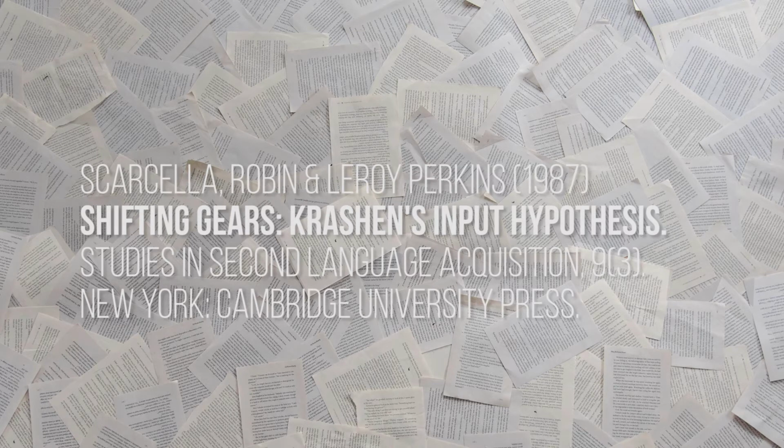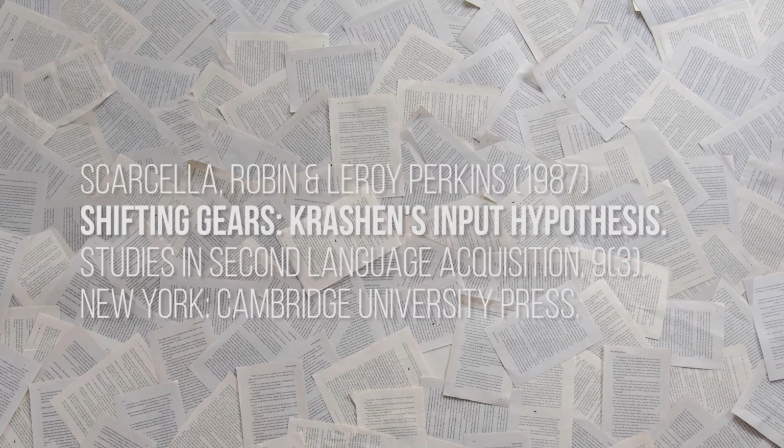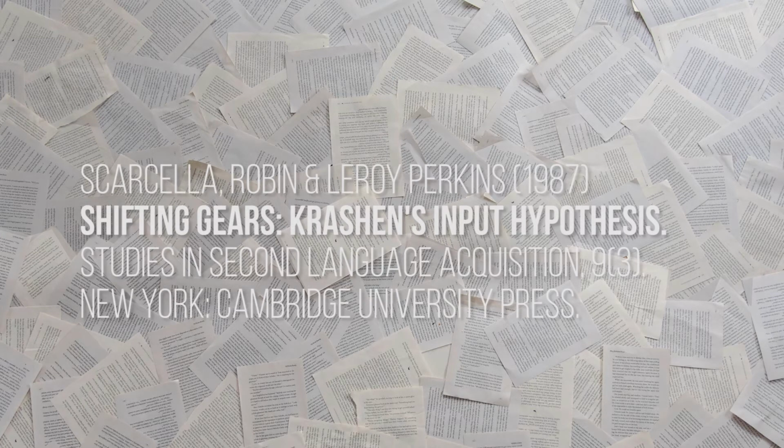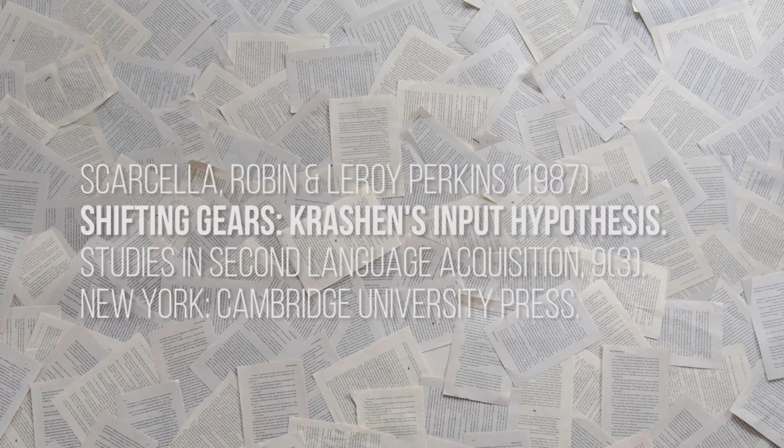This was in 1987. The theory has been around for a while, as you can see. Their main point in this was that while clearly there were many things that still needed to be evaluated and researched concerning the implications of KRASHEN'S fairly bold statements, the hypothesis in itself should be seen as having great potential once refined and specified regarding the realms in which it can be useful and applicable.